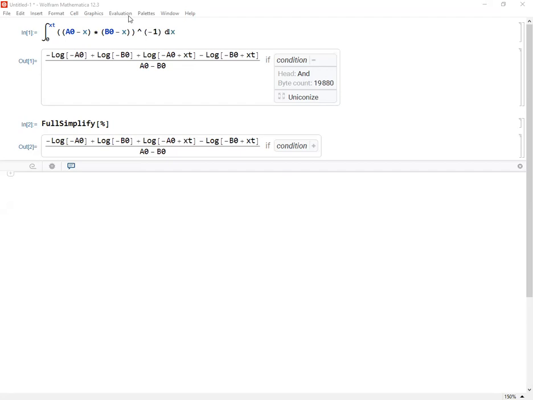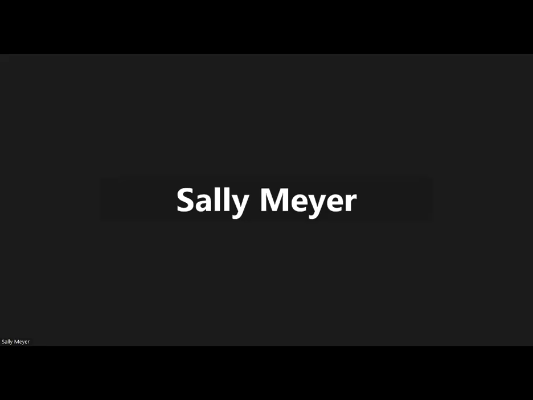And got this out, after FullSimplify, it looks like this. It should be able to simplify that, but it can't. But you can easily see that if you combine all of the arguments for the logs, you will end up with exactly the same expression as is in that table at the back of this topic. So let me go back to where I was.